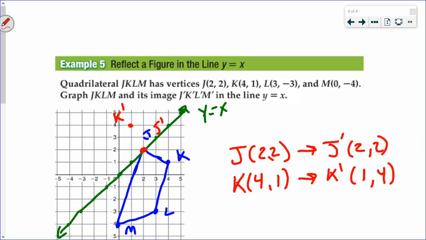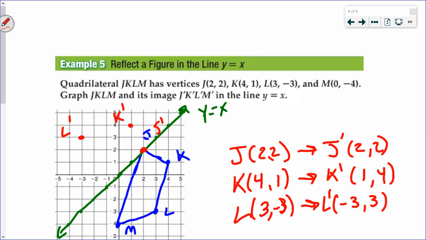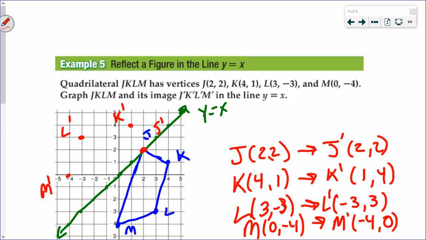If we want to reflect the point L, which is at (3, -3), well, its reflection would be (-3, 3), just switching the x and y values. So negative 3, up 3, that's going to be point L prime. And point M was at (0, -4), so its reflection M prime is going to be (-4, 0). And that is right here. That's all of the points. You can see that we have reflected across the line y equals x.